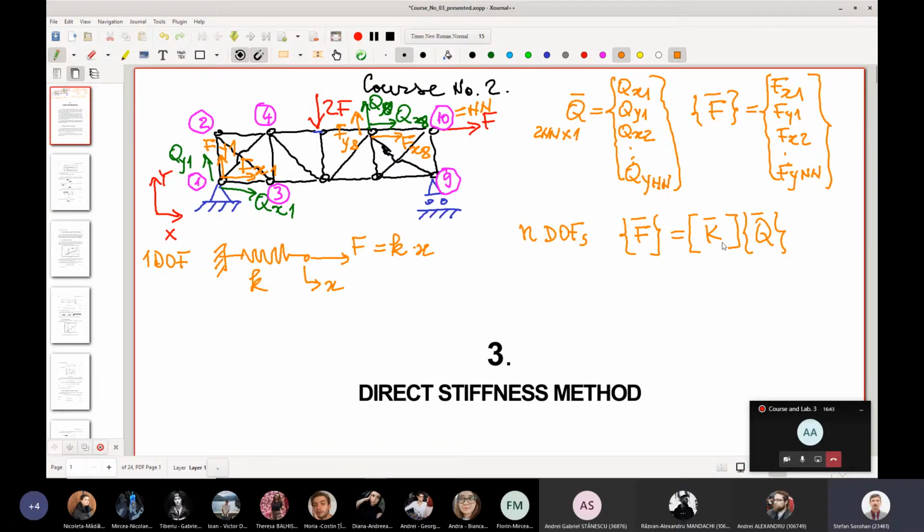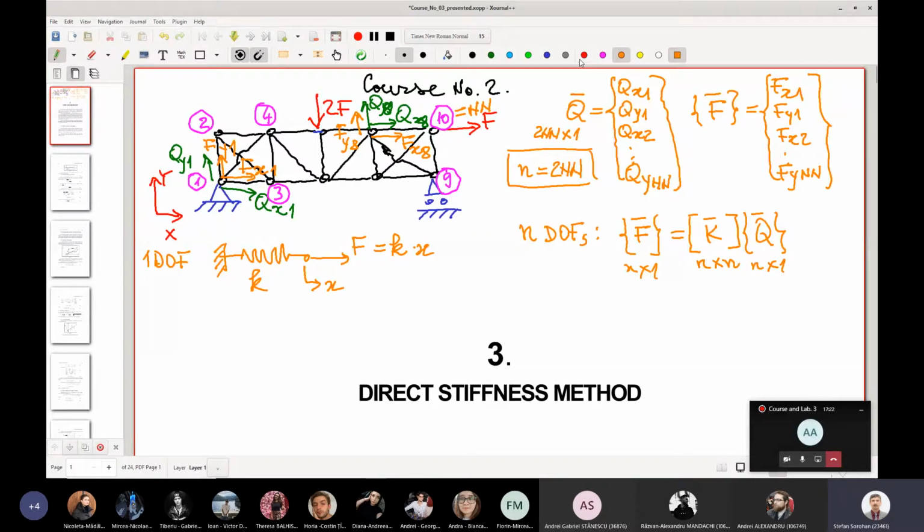And this capital K is something similar to this one, but in matrix form. According to the matrix multiplication rule, let's say that in this case n is exactly 2n. So this one will be n times 1, this is n times 1, and to make the matrix multiplication, this one must be a square matrix, which is n times n.